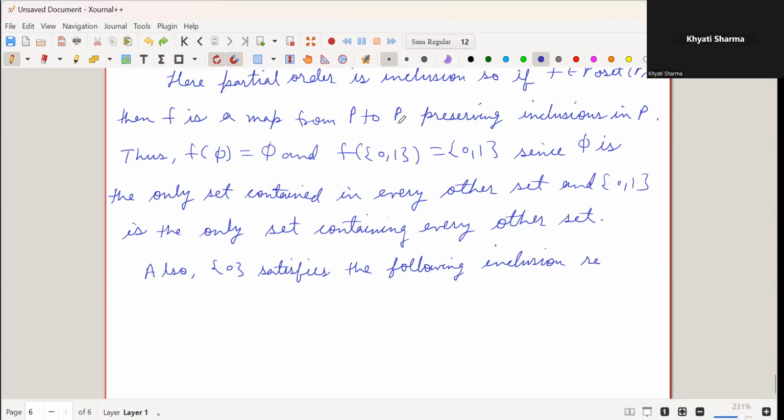Phi is contained in {0}, and it's contained in {0, 1}, and 0 is not the same as 1.